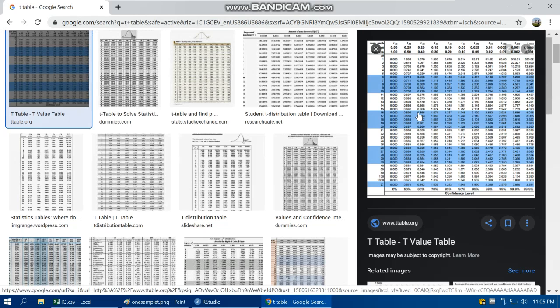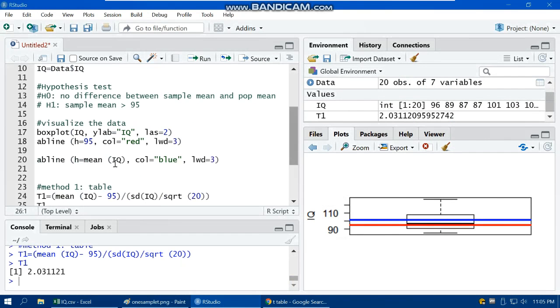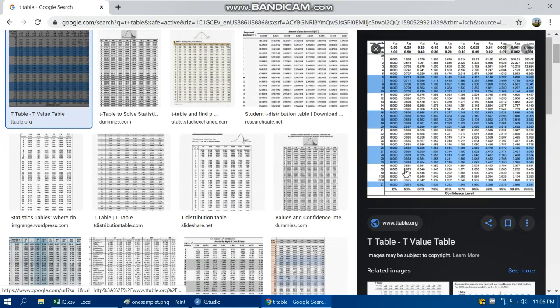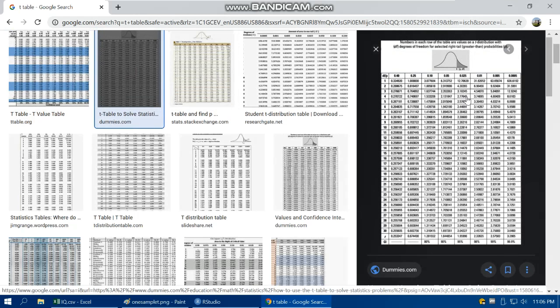Okay, we are doing the hypothesis test, and it's a one-tailed test, right? So we have to look at the t table for the one-tailed test, because it's just one shaded side of the distribution.